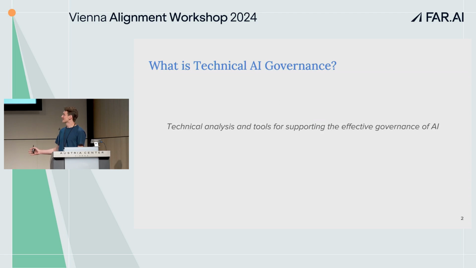What is technical AI governance? There's a bunch of different definitions that you may want to use here. We settled on this one, which is technical analysis and tools for supporting the effective governance of AI. This includes a bunch of different activities that people might be carrying out.